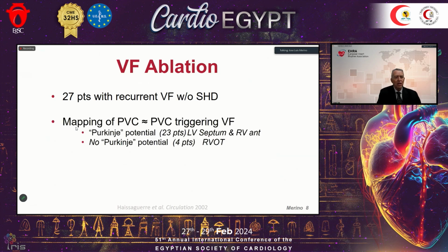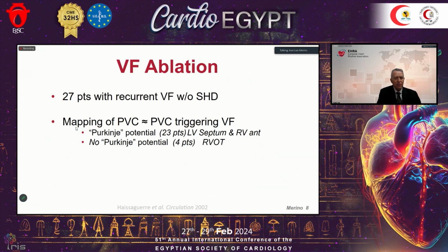They mapped the triggering PVC that was the cause of VF in all these patients. Out of 27, in 23 they found a Purkinje potential preceding each PVC.